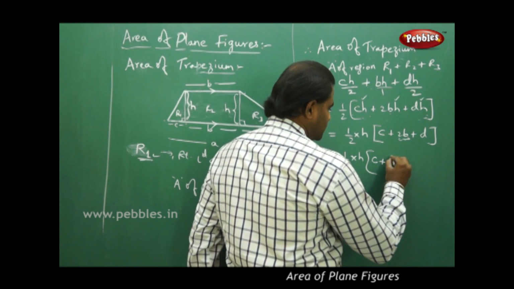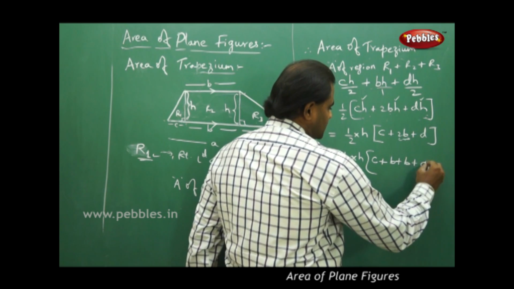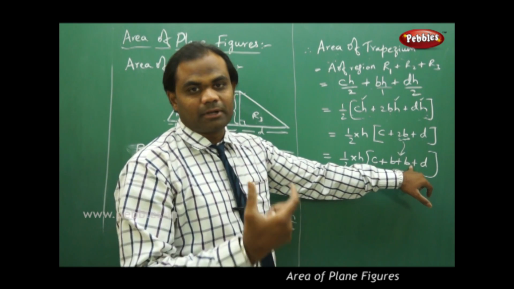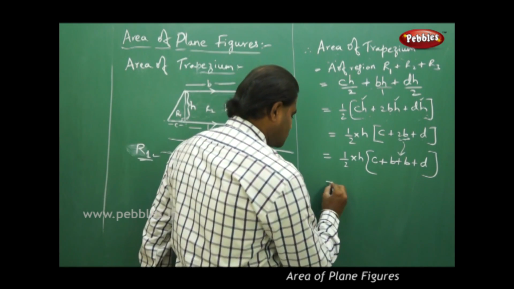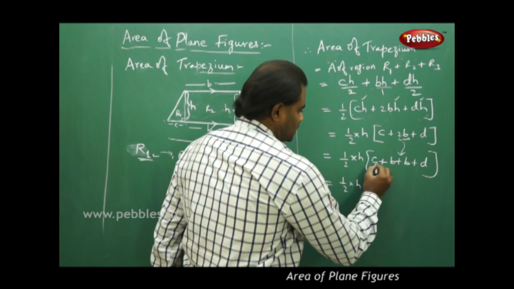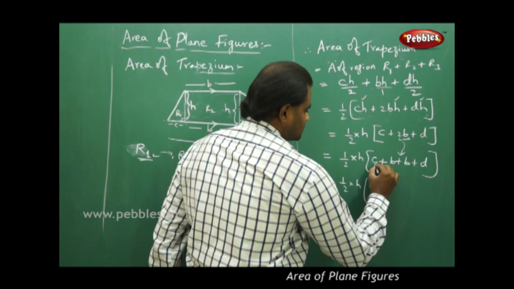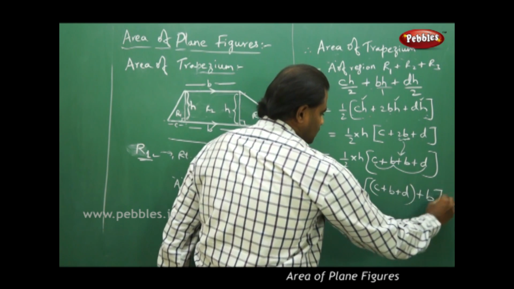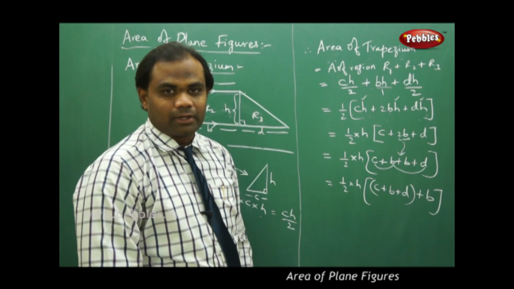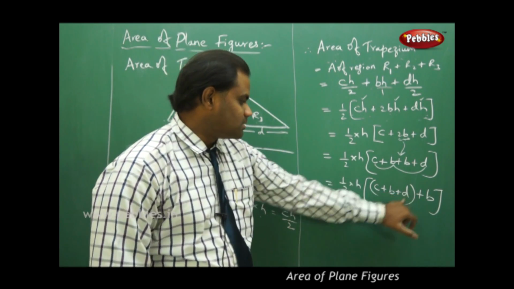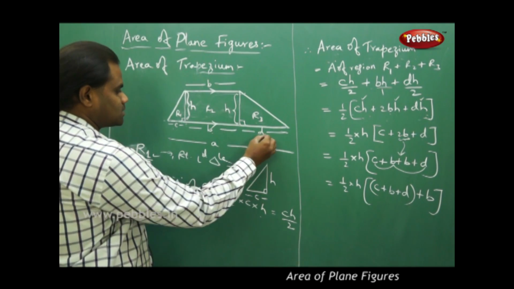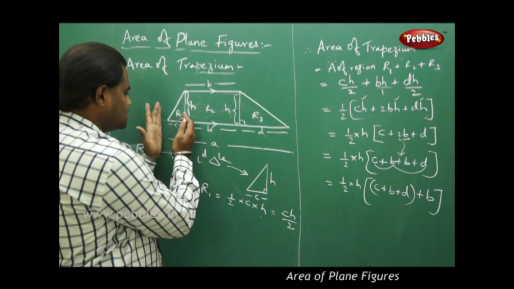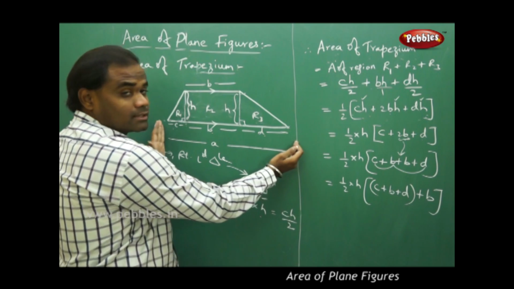Now I assemble C plus B plus D together, and the other B is left over beside it, because geometrically, as you see in the figure, C plus B plus D is nothing but the entire dimension, which is already A. So when you add C plus B plus D, we get A.